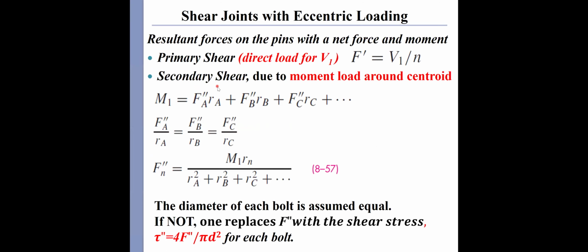The resultant forces on the pins, with a net force and a moment, are the primary shear and the secondary shear. The primary shear is from the direct load V1, which is the shear force.